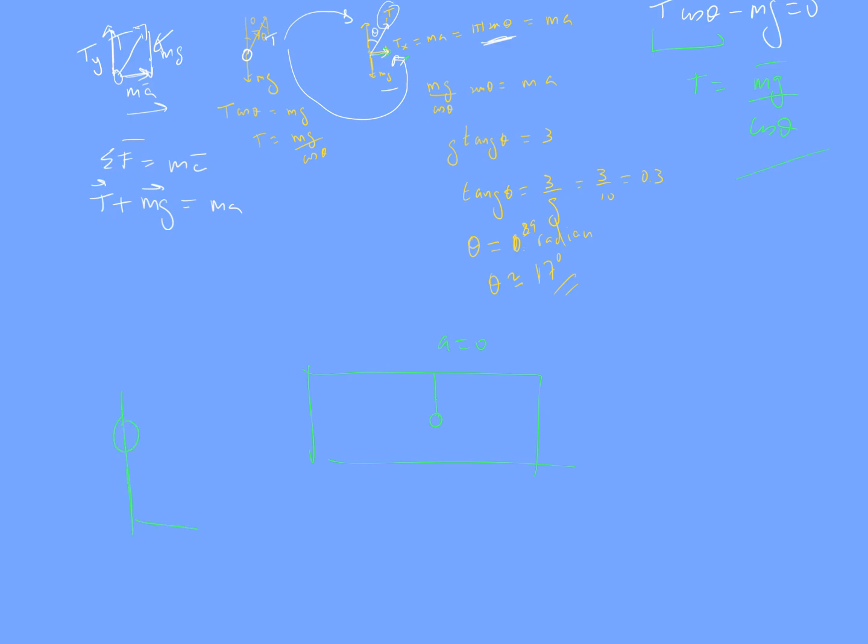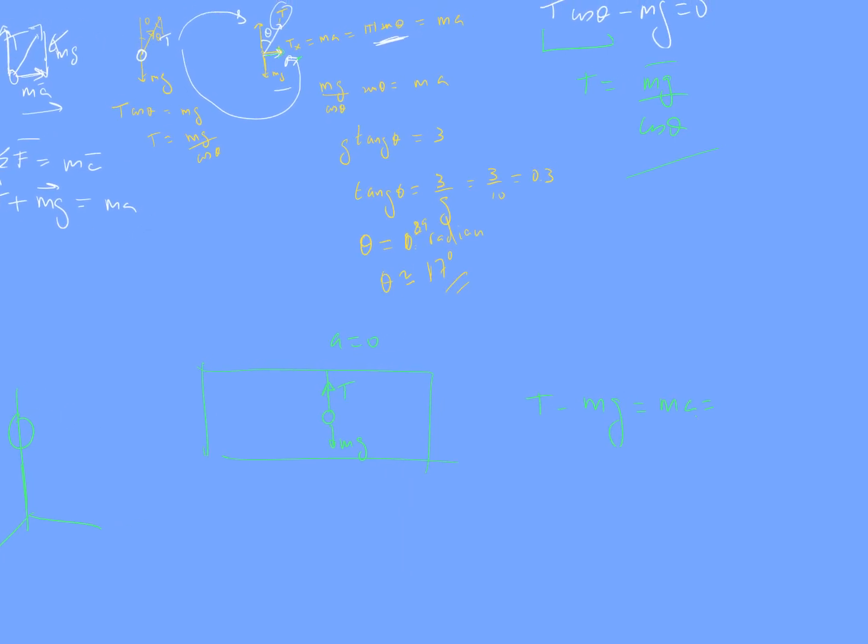This is the observer, observing the tension T and the weight mg. He will say, okay, there is no acceleration, so T minus mg equals ma. But the acceleration in the y direction is 0, so T equals mg. And he will see the angle theta equals 0 in this case.